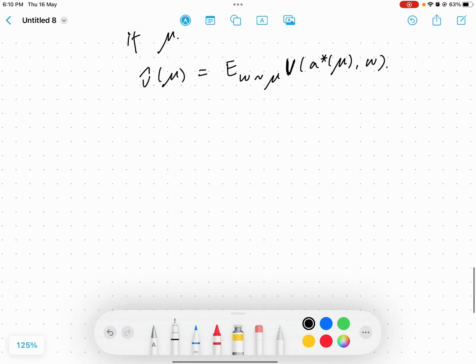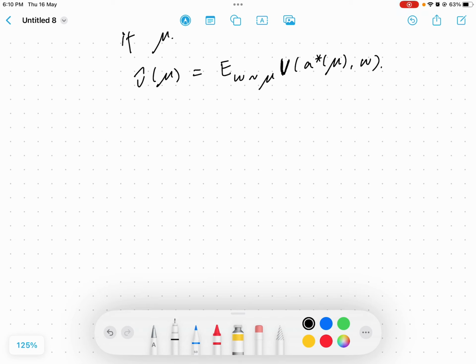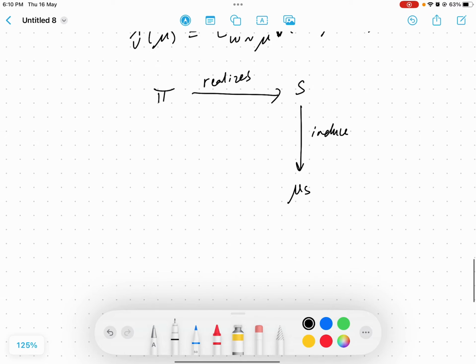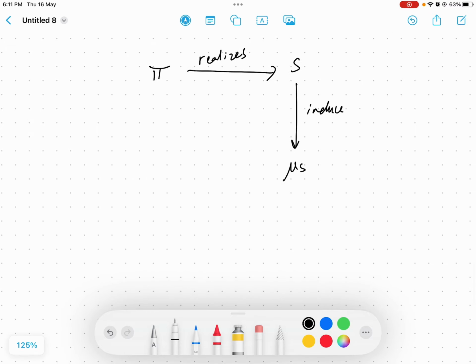So a very useful diagram to explain the relationship between the signals and the distributions of the beliefs is as follows. So we know that the signal realization induces the posterior belief, okay. The signal realization is, of course, a realization from the signal, right?